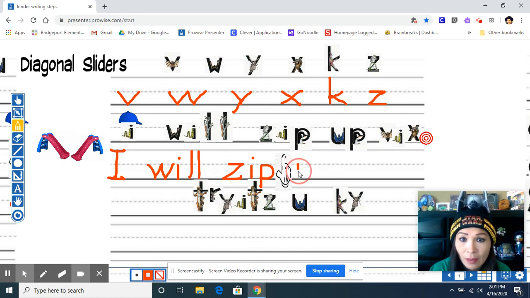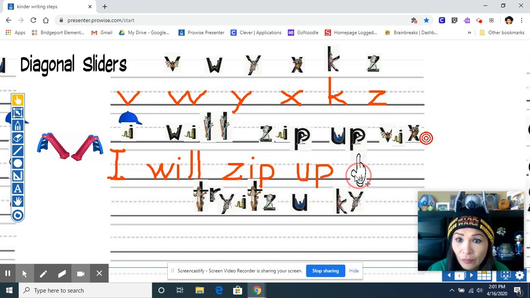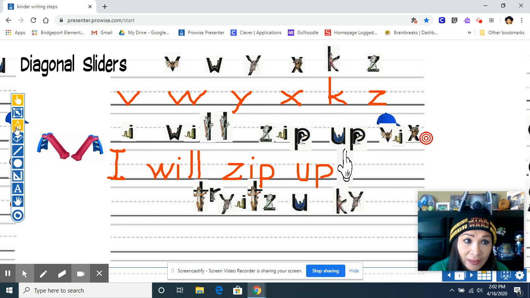Down to the bottom. Middle line. Up. Swimmer arm. I will zip up. Vix. Okay, and we know that Vix is a name, so it has to be a capital letter.